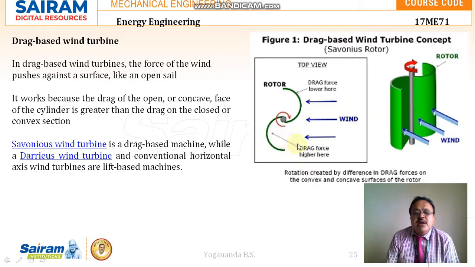Drag force is higher here, so the wind is dragging in this direction. Here the drag force is acting on the convex surface, so the drag force is less. Drag on the open or concave face is greater than drag on the closed or convex section.